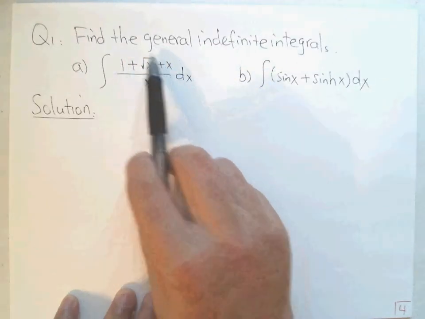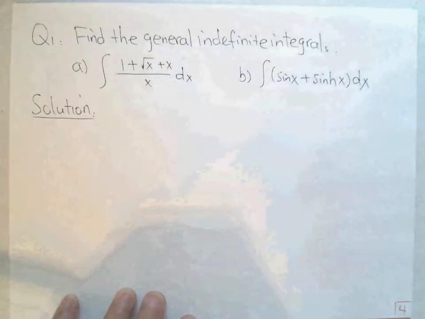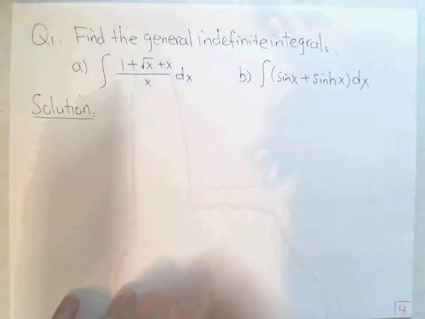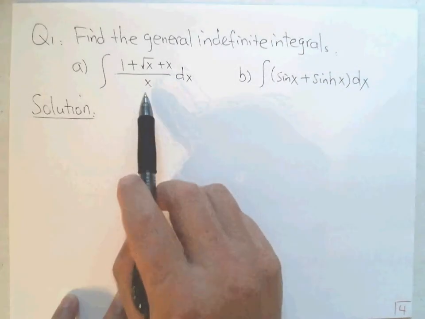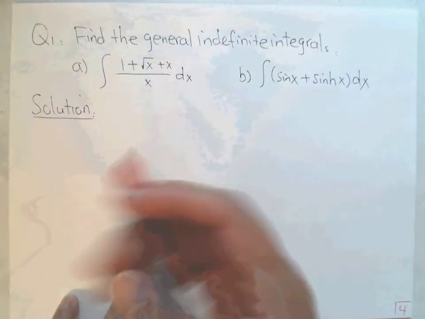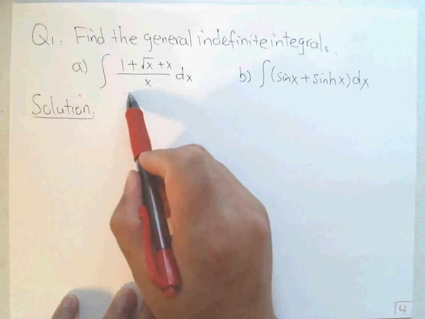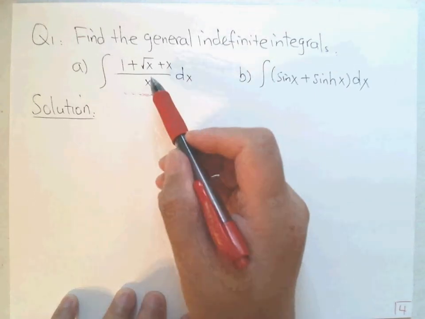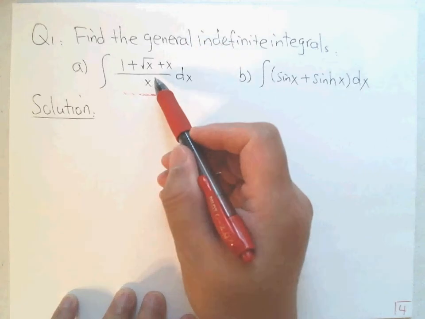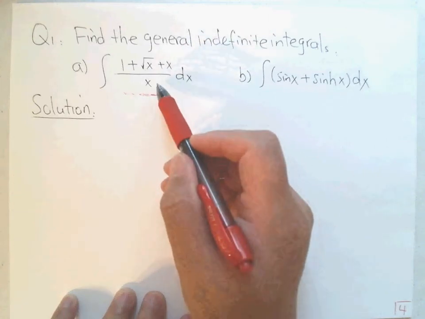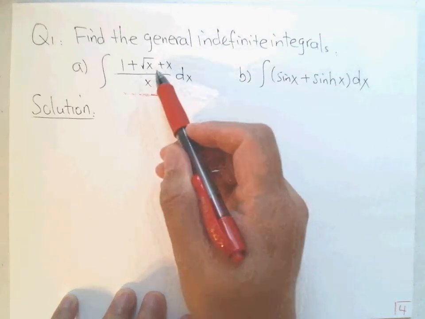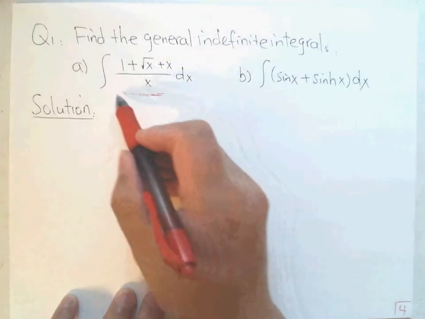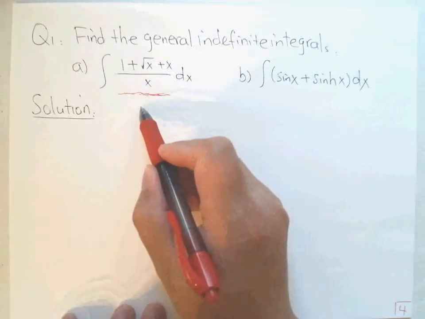And this is complicated. It's a combination of functions. We need to simplify this first. It's not a power function, not an exponential function, not a cosine, sine, trig function, inverse trig, or hyperbolic, but it's a combination of something.